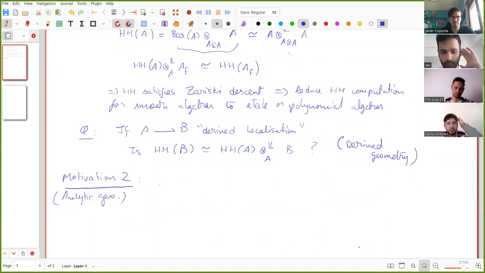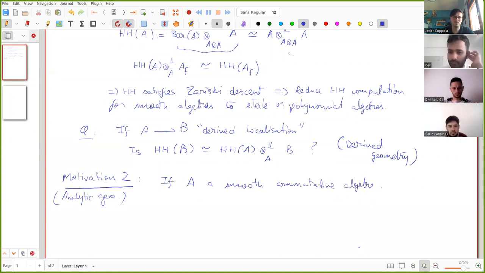And this goes as follows. So if you have, say, a smooth commutative algebra, so if you don't know what that means, say this is a polynomial algebra. Whatever I have to say essentially boils down to computations for polynomial algebras, which we do understand pretty well.